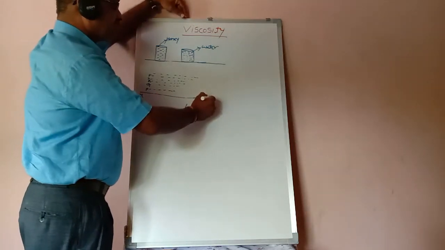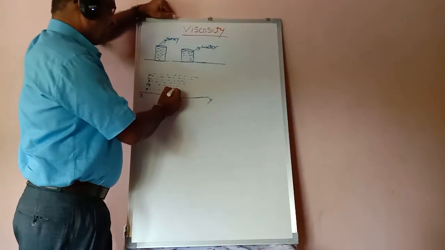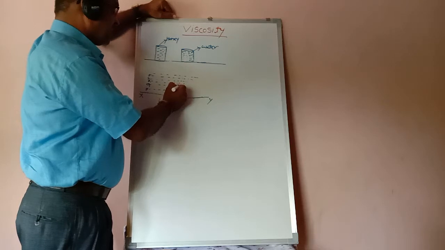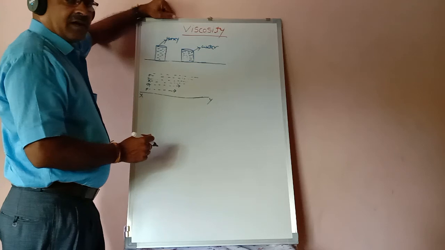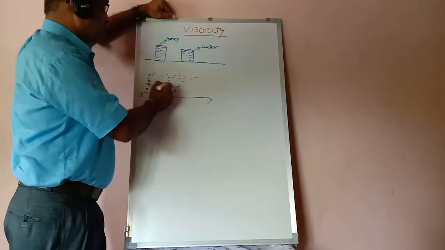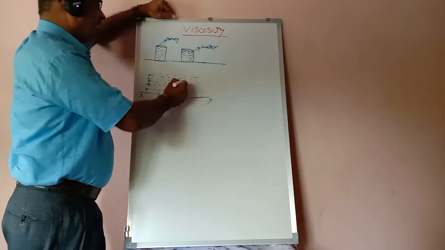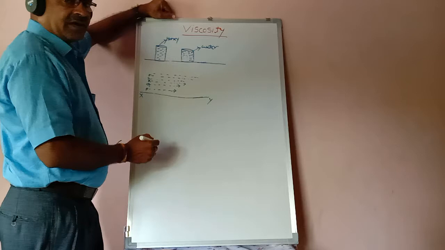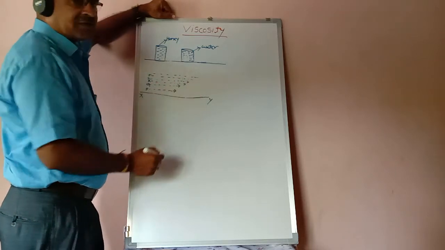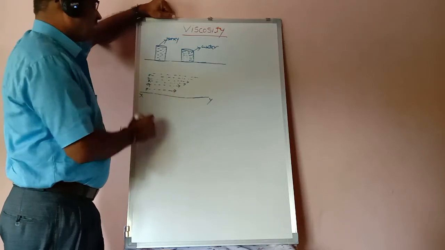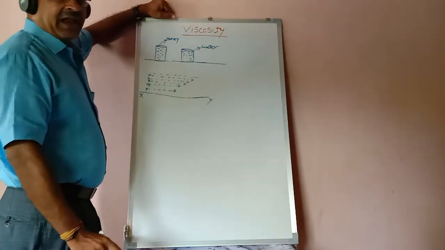Say this XY is the horizontal surface. This layer's motion is opposed by this layer, and this layer's motion is opposed by this Q layer, and the S layer's motion is opposed by the R layer, the T layer is opposed by the S layer, like that.